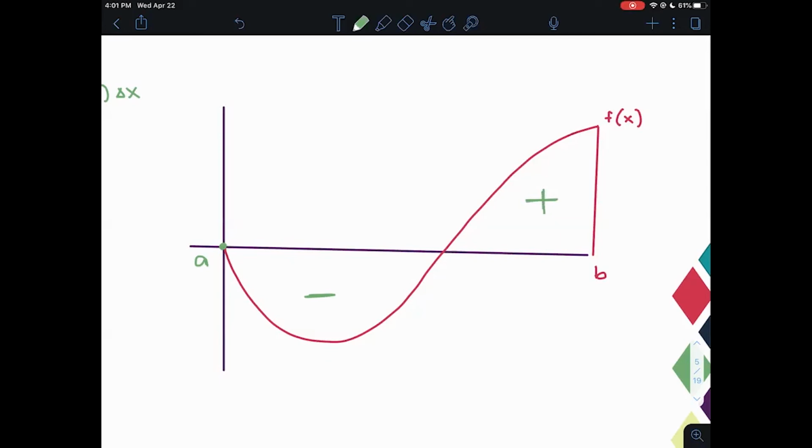So when a function takes both positive and negative values, just like this example right here, then the integral can be interpreted geometrically or conceptually as the difference of the positive areas of the various sections of the graph. So if you do think about everything as a positive area, so let's say for instance A1 and A2, then the integral geometrically can be interpreted as the positive area A2 minus the positive area A1, if you want to think about just combining positive areas.